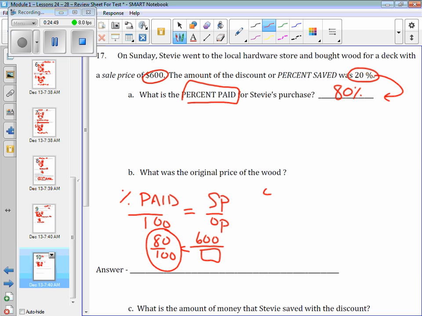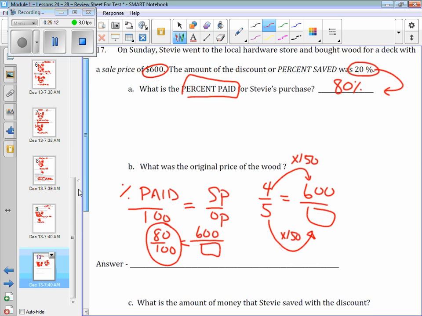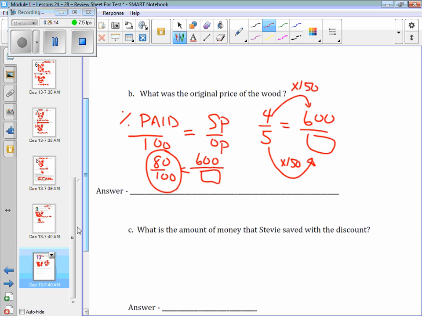Continuing on this side here, it becomes 4 to 5 equals 600 over what we're trying to find. And using division, we realize that 4 times 150 gets us to 600, so we're going to do the same thing to this. And we determined that our original price is $750.